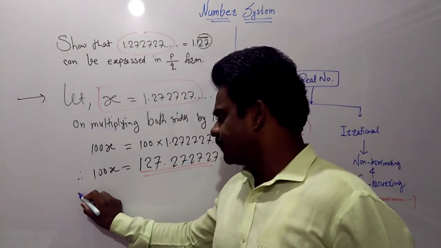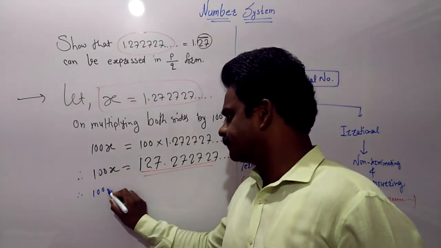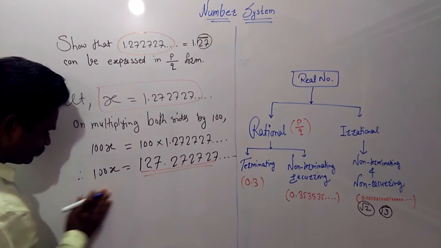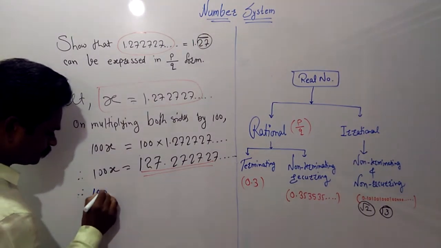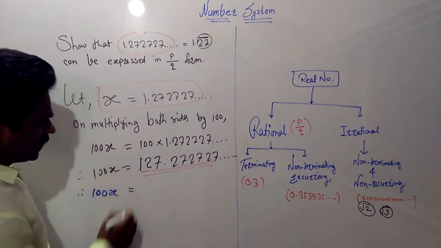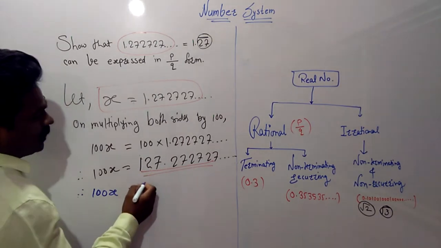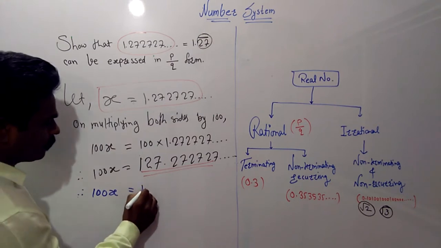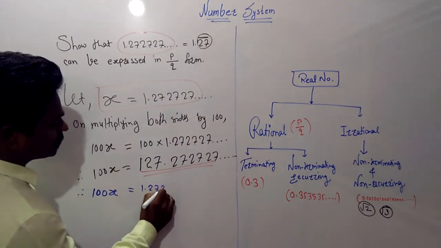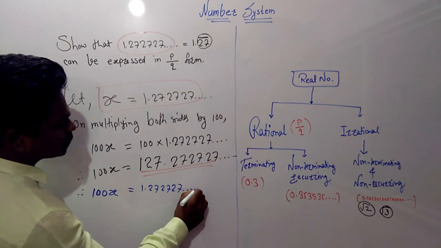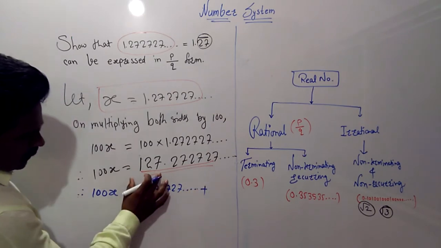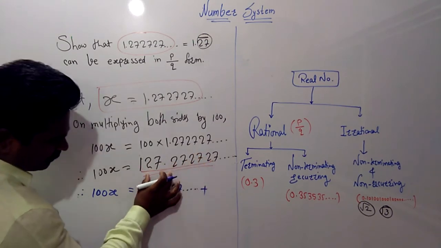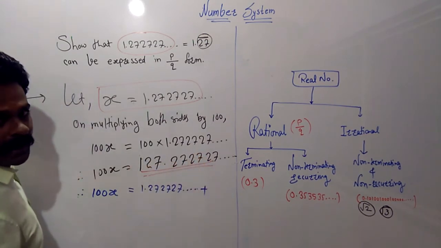Okay. How can we write it then? We write here, therefore, this 100x is equal to, suppose first I have taken only that same number x, that means 1.27, 27, 27 and so on, plus, if you take 1.27, 27, 27 from the given number, then how much will you be left with?